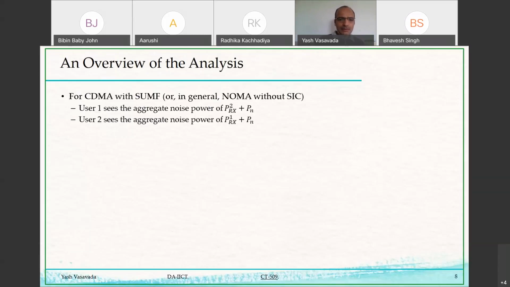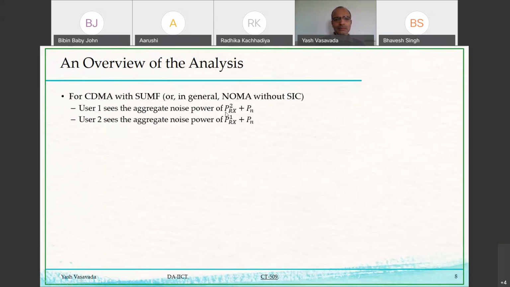So in this analysis, basically we are going to look at the type of data rates that can be achieved in these different multiple access techniques. So let us first consider CDMA. And specifically we are considering the single user matched filter.